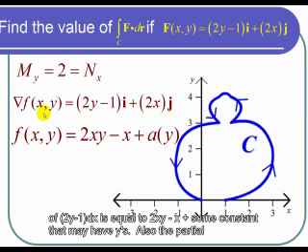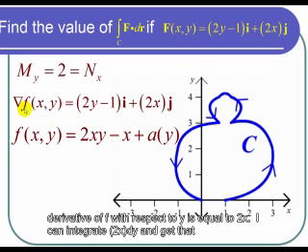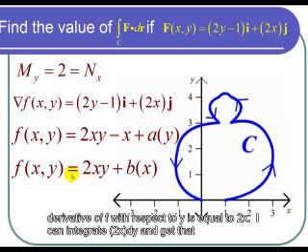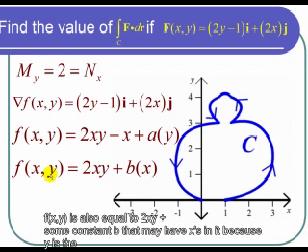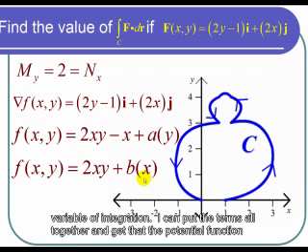And also, the partial derivative of f with respect to y is equal to 2x. So I can integrate 2x dy and get that f of xy is also equal to 2xy plus some constant b that may have x's in it because y is the variable of integration.